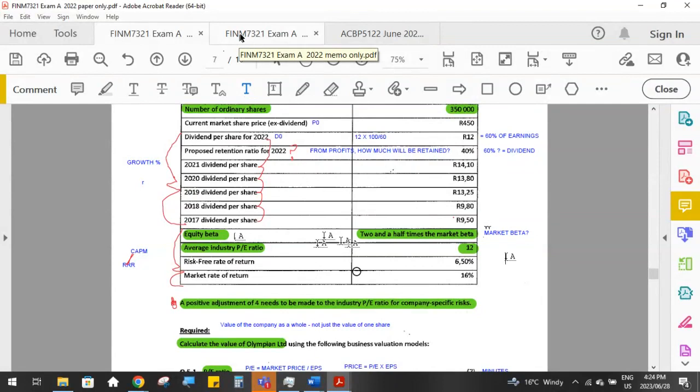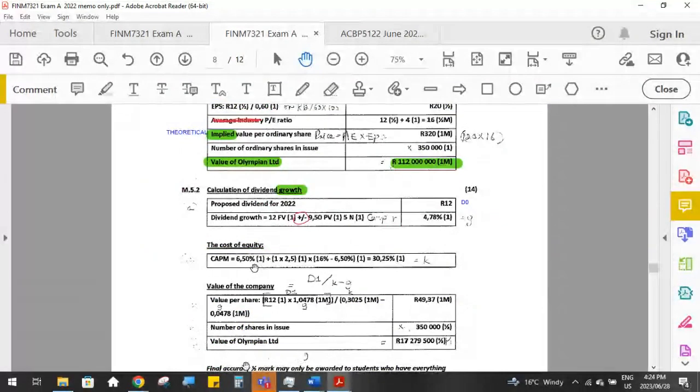Market beta is 1, and then we measure the beta of the company we're examining, either plus or minus. This one is 2.5 times the market beta. If they don't say anything, like here where they haven't mentioned anything, then we assume that it's correlated with the market beta. In other words, if the market return increases, then our company's return will also increase, so it will also be a plus.